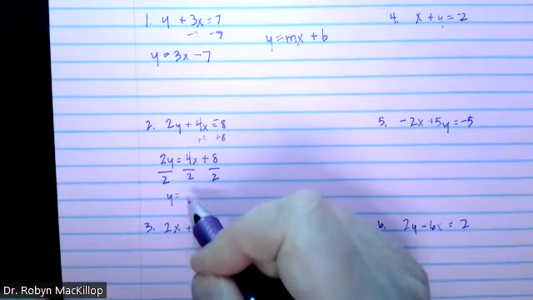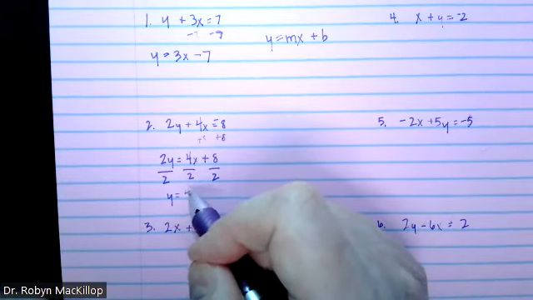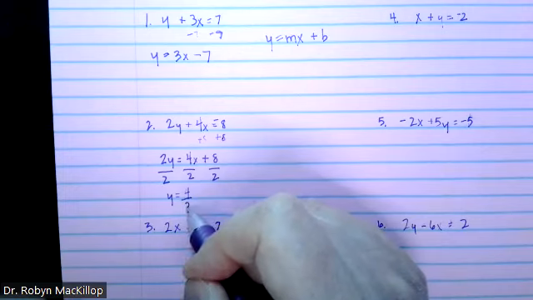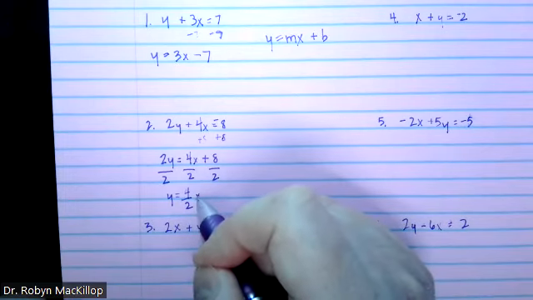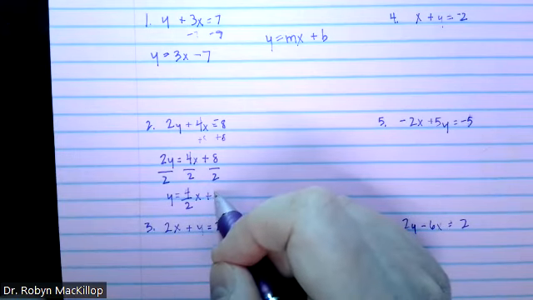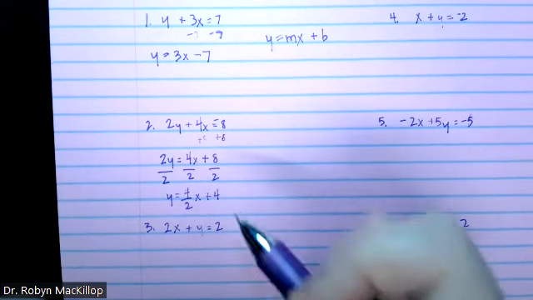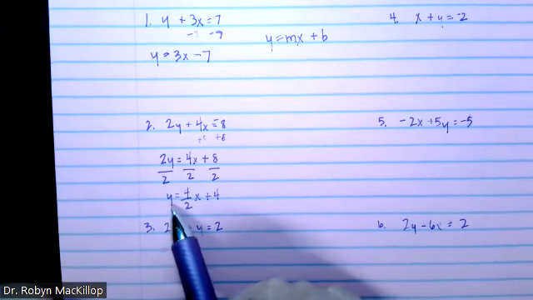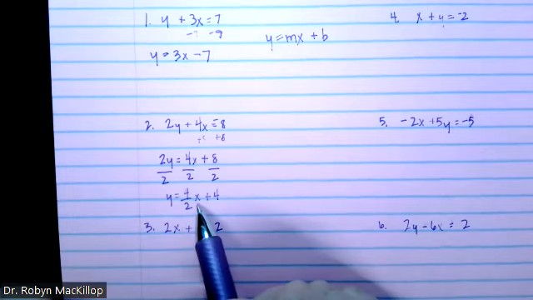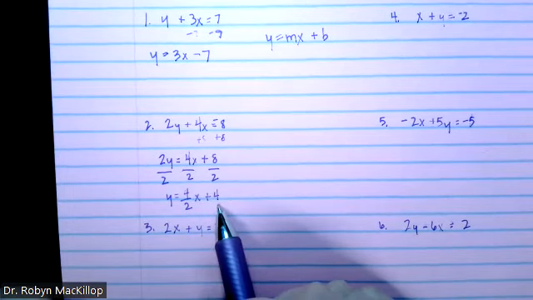Because this is a slope, I'm going to leave it in fraction form because that's your rise and that's your run, times x plus 8 divided by 2 is 4. So y equals 4 over 2, that's your slope, times x plus 4. 4 is going to be your y-intercept.